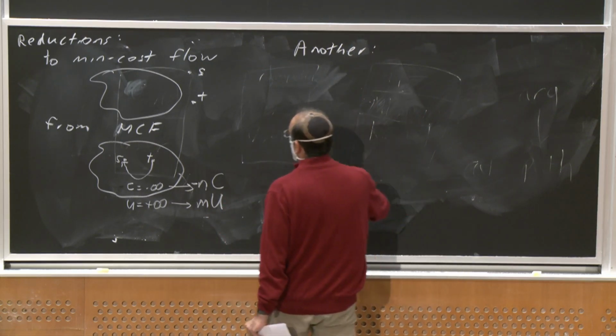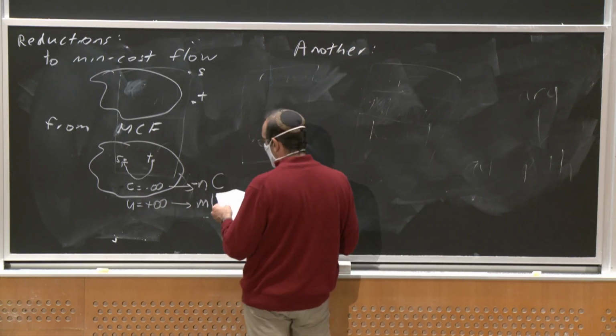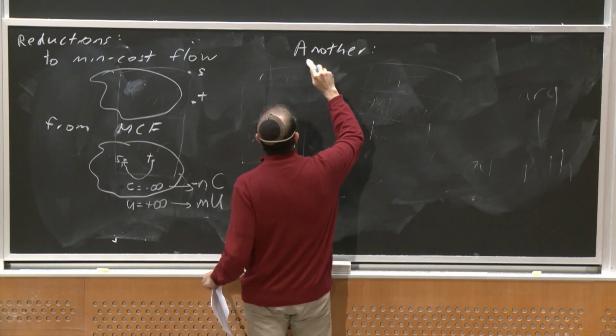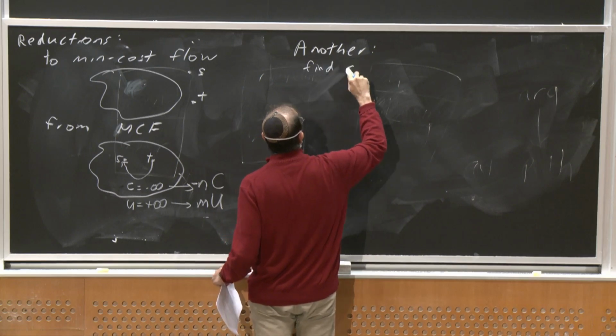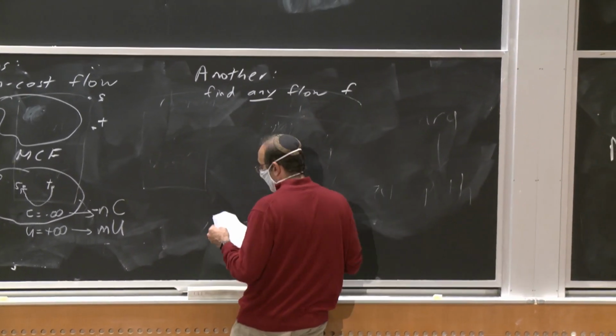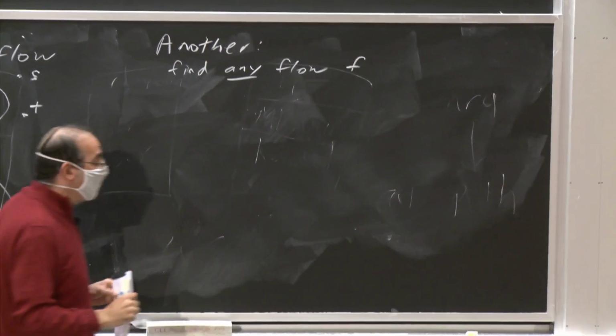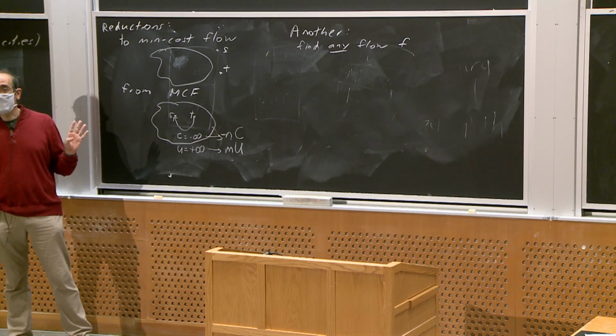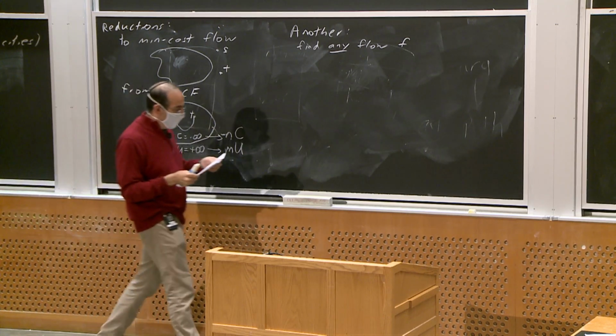Okay. For going from min-cost flow. So what we do is we find any flow F. Okay? We're trying to find a min-cost flow. We start by finding any old flow.